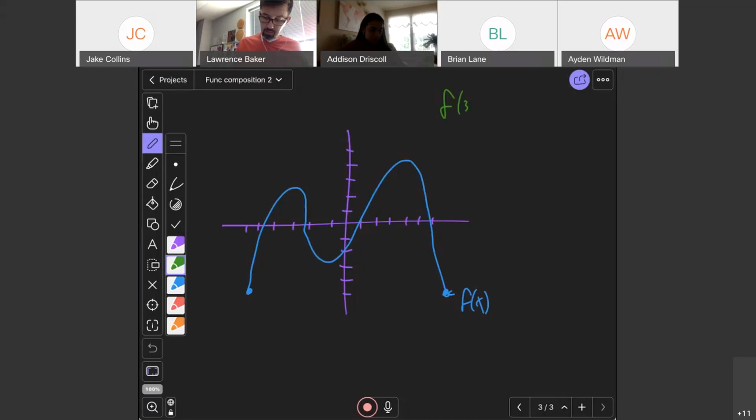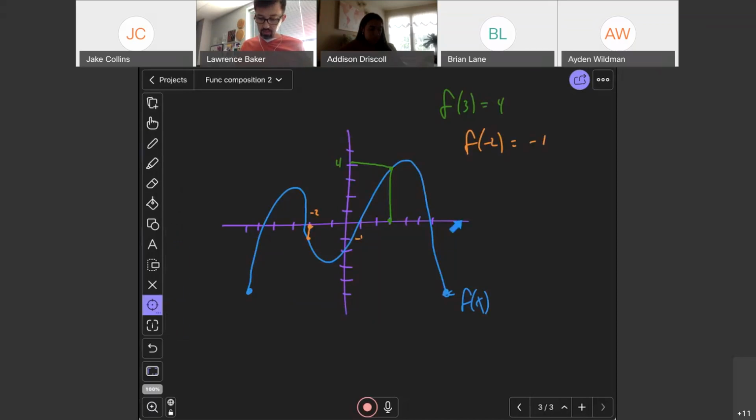So I go over to x is 3, and then I go up to the graph, and I try to figure out what its associated y value is. So it looks like that's at 4. All right, that makes sense. If I said, what's f of -2? I go to where x is -2, and I go down in this case, and it looks like it's at -1. So that would be -1. So always move along that x-axis, find that spot they're asking you about, and then go up or down to hit the graph, and then find the y value at that point.